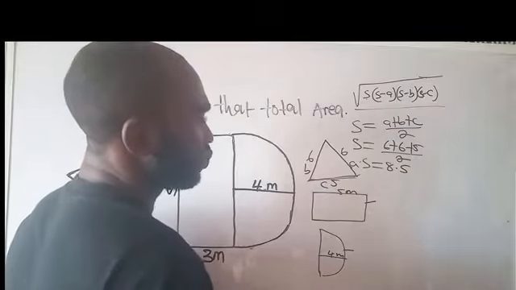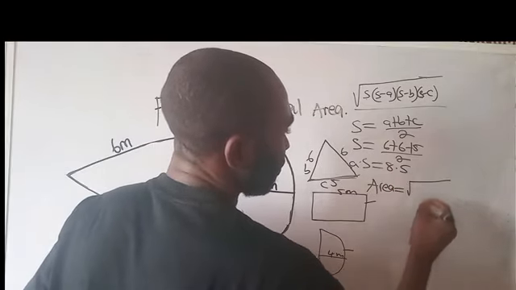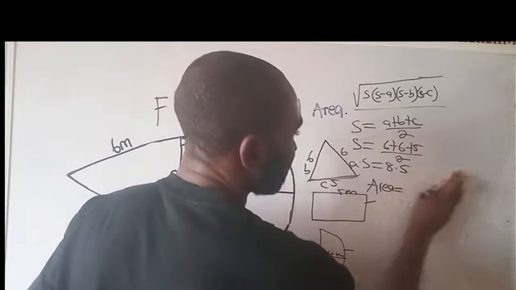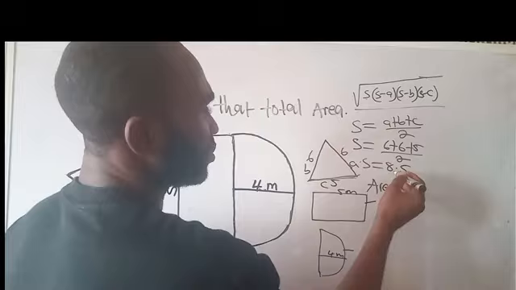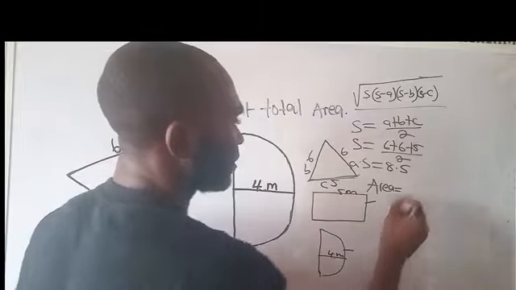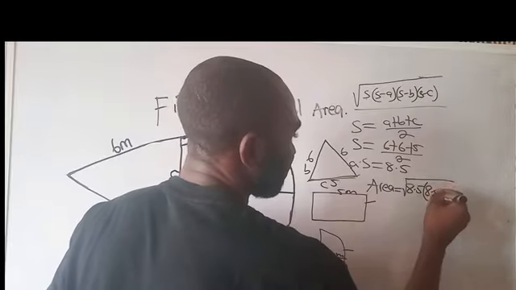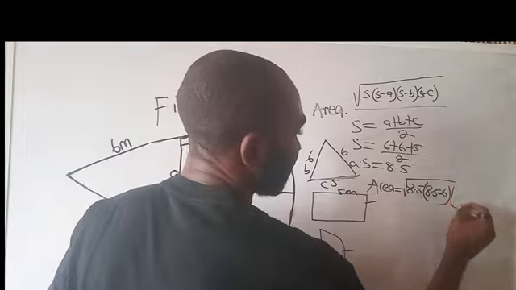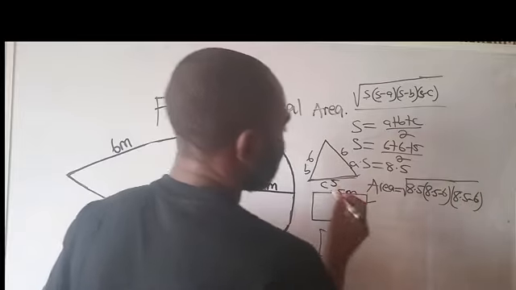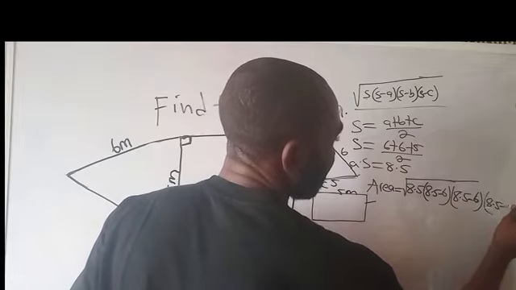So the area of the triangle will be the square root of 8.5 times (8.5 minus 6), since a is 6, times (8.5 minus 6), since b is also 6, then s minus 5, which is (8.5 minus 5).